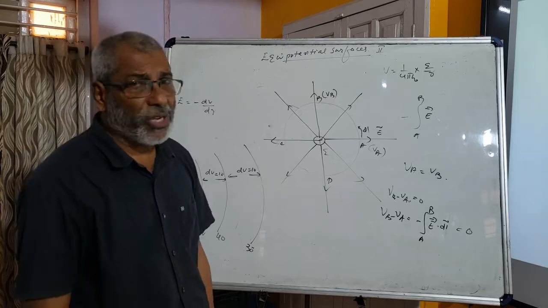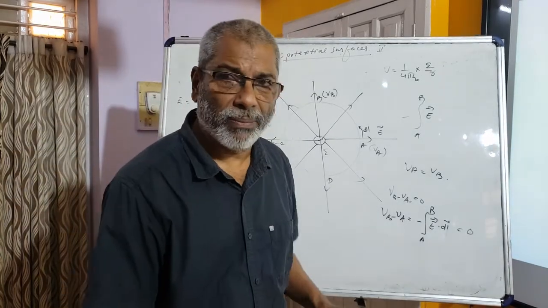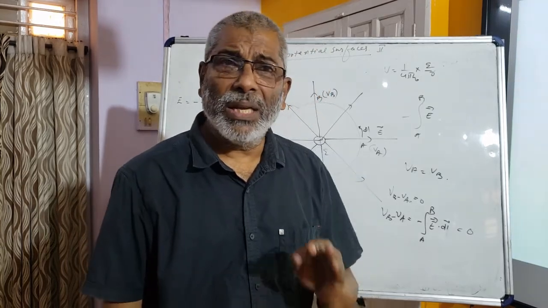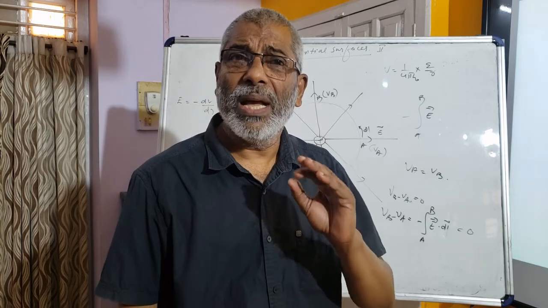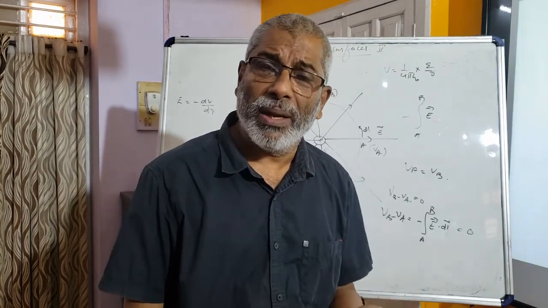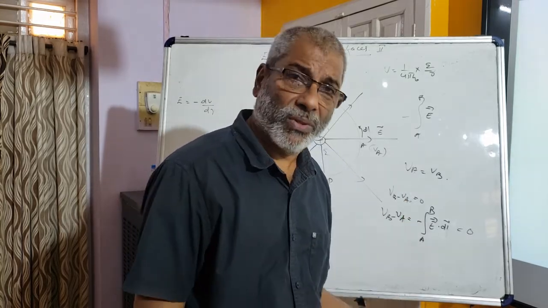Now, an equipotential surface is a contour map of the intensity of the electric field. In an electrostatic field, the intensity of the electric field can be represented either by field lines or by equipotential surfaces.